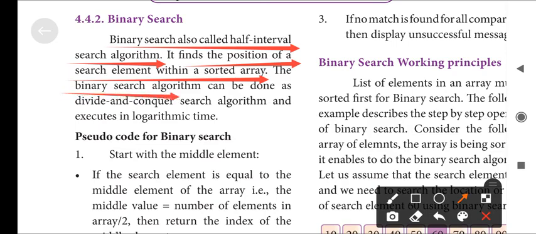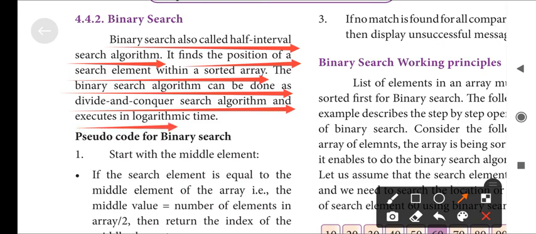The binary search algorithm is a divide and conquer search algorithm and executes in logarithmic time. Logarithmic time is nothing but the time taken by binary search. Divide and conquer is another kind of algorithm to solve a particular task.